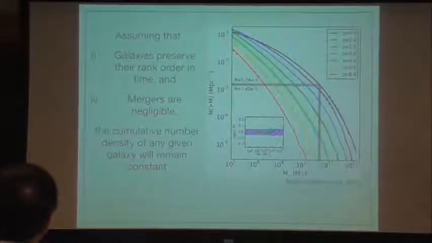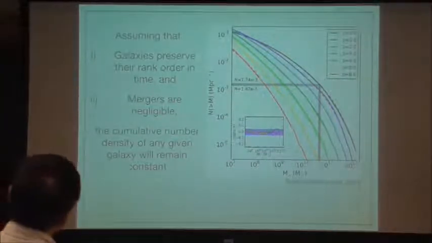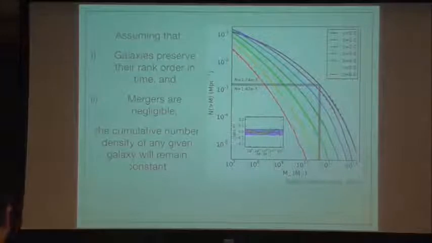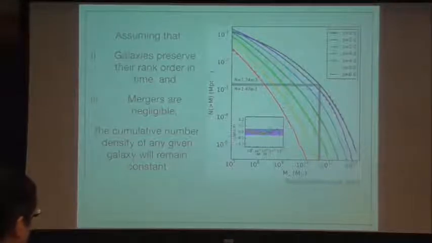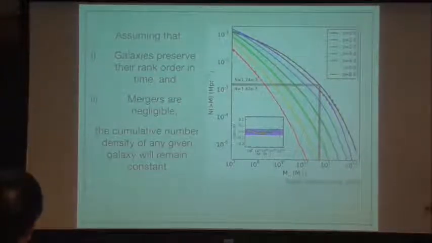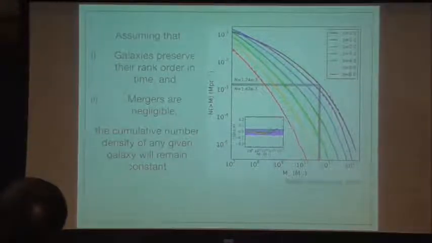Now there are a couple of assumptions that we need to make in order to do this. If we assume that galaxies preserve their rank order in time, meaning that if galaxy A is more massive than galaxy B at one redshift, they will evolve like this and not like this, and won't cross each other. And if we assume that mergers are negligible, because what will happen with mergers is that you'll remove something from the population and everything shifts up one in rank.